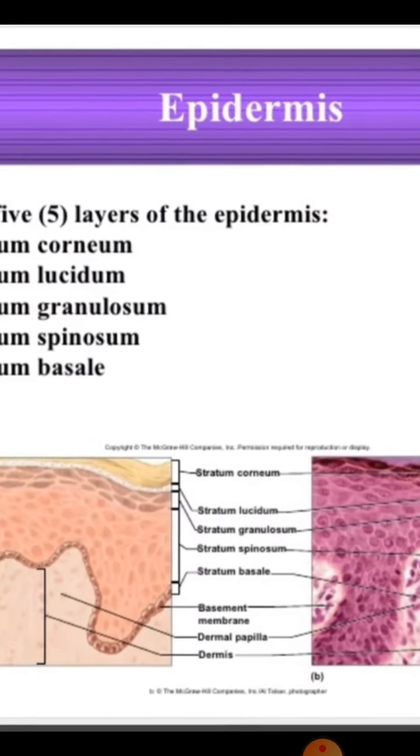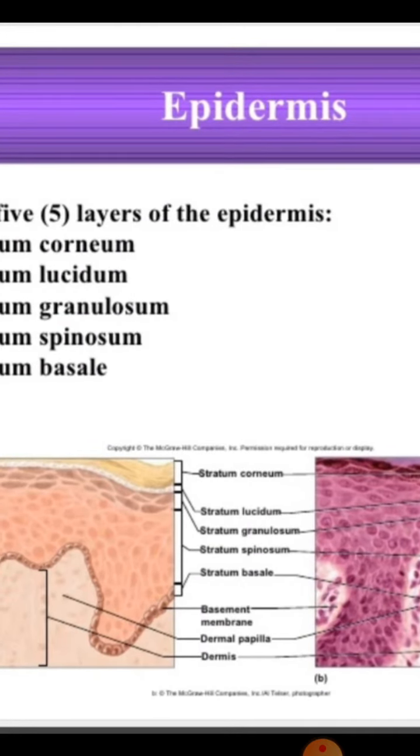Here in this diagram you can see the different 5 layers, that is first corneum, then lucidum, then granulosum, then spinosum, then at the last basal, and with basal there is a layer, that is basement membrane, and under basement membrane there are dermal papillae, and under dermal papillae there is the dermis.